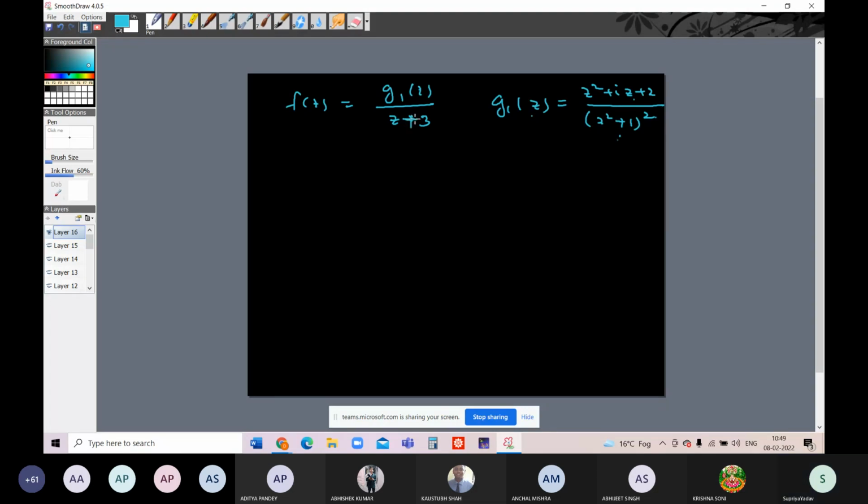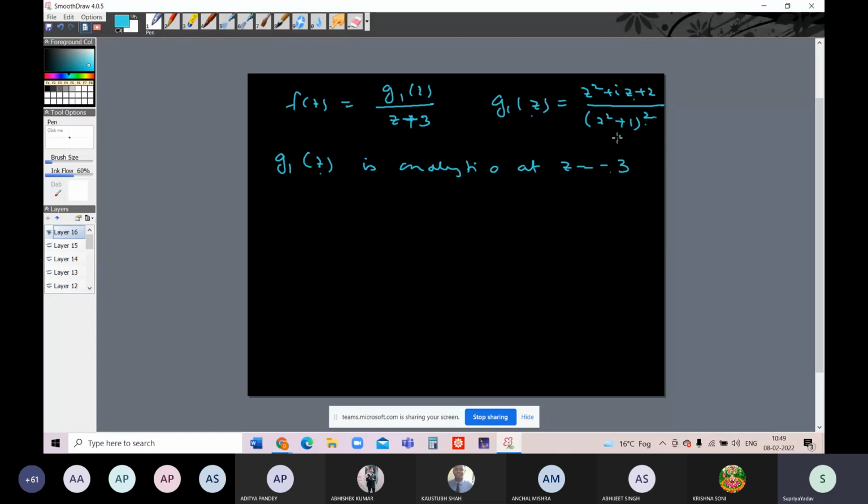So we will expand this function as a series about z is equal to minus 3. We are expanding g1(z) because it is analytic at z is equal to minus 3.